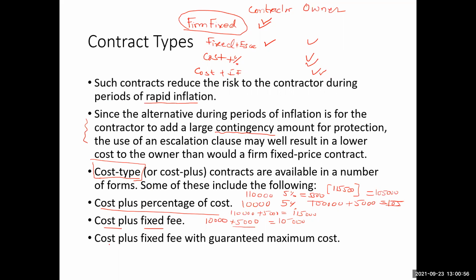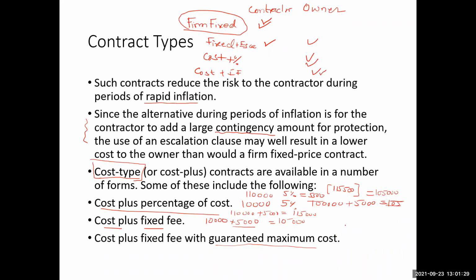There is another variation, cost plus fixed fee with guaranteed maximum cost. So there is this gradual improvement with that. In this case, it is the same as the cost plus fixed fee, but the contractor will give the guarantee that the cost will not increase more than a certain amount.